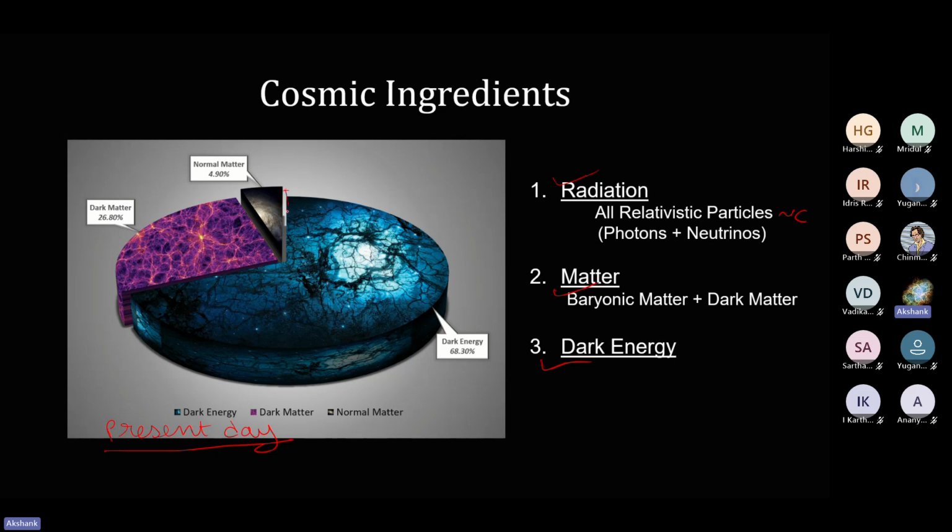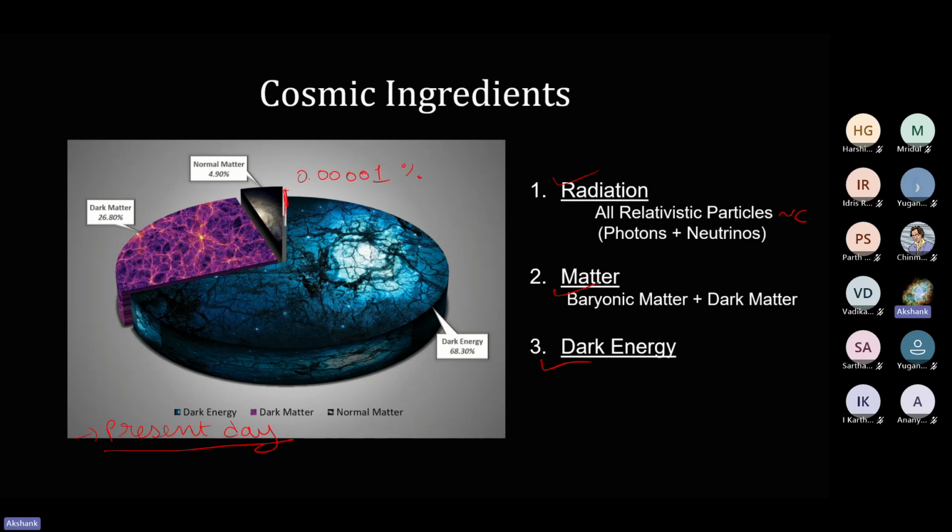So radiation is actually still present, right? We know radiation is there. You have light all around you. The Sun emits light. You have light from the cosmic microwave background, or light from the Big Bang. Then you have light coming out of your tube light or your light bulb. So light is there, radiation is there, and it has some energy. But in the present day, that energy is almost 0.0001 percent.